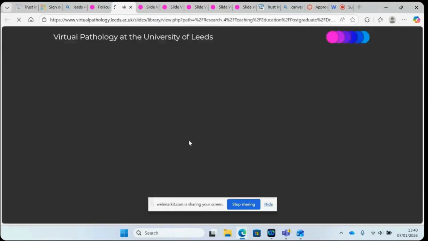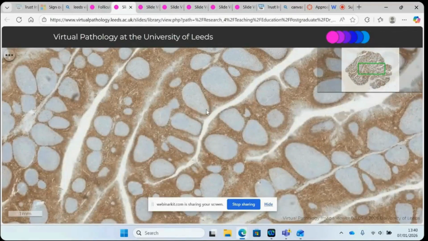Okay, BCL2 is obviously strongly negative within the germinal centers, and using BCL2 to distinguish reactive versus neoplastic lymph nodes is really only useful in the context of reactive follicular hyperplasia versus follicular lymphoma. In the other subtypes of lymphoma, identifying BCL2 is not as helpful.